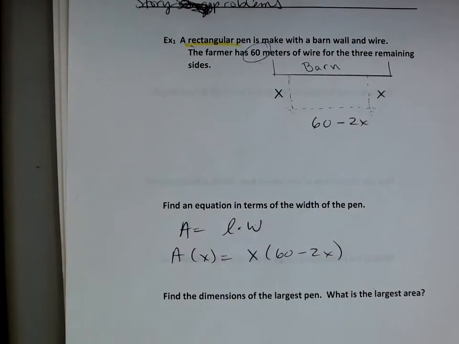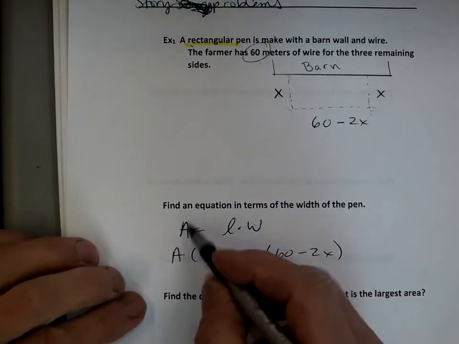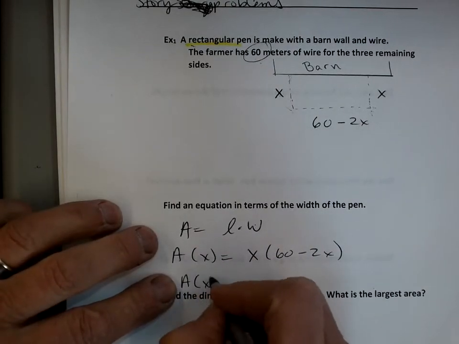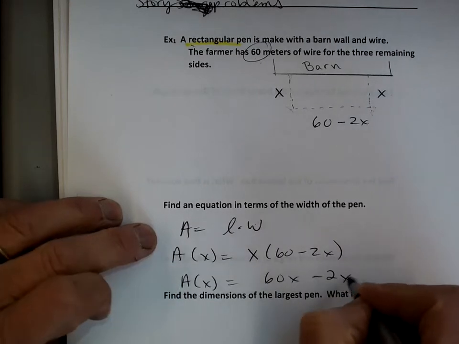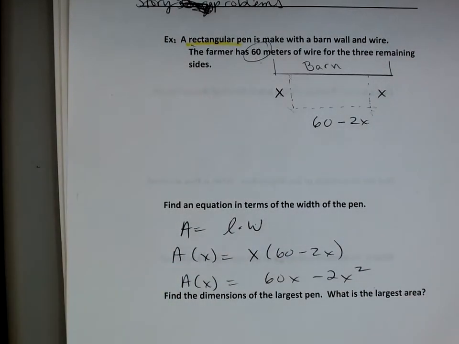And then I just might multiply it through. Area with respect to x is equal to 60x minus 2x squared. How am I doing? So far, so good? Stop me if you're confused, please.